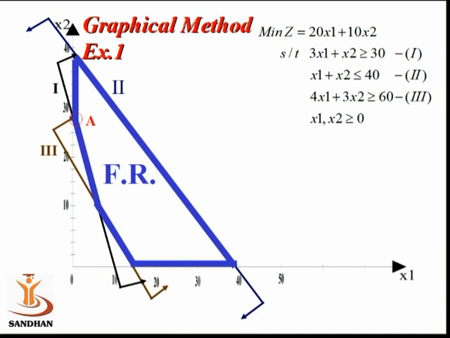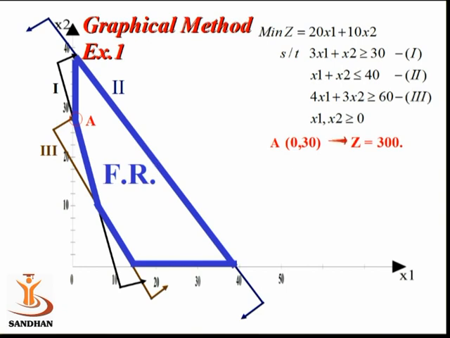So that is A, you can see, and A has coordinates 0, 30. When I put x1 equal to 0 and x2 equal to 30 in the objective function 20x1 plus 10x2, I will get the value of z equal to 300.